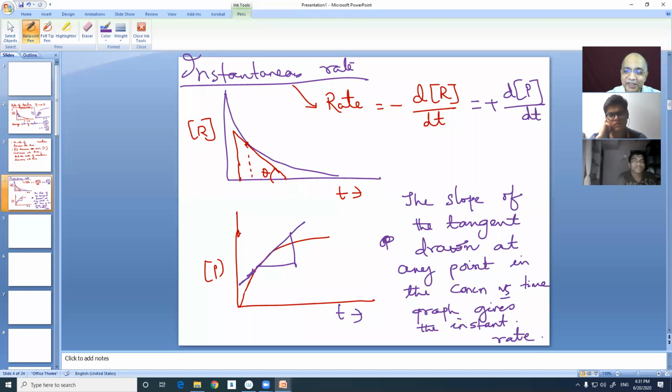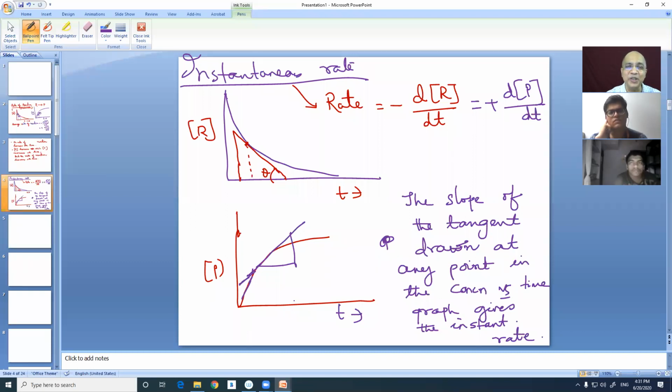Here the magnitude of the slope goes on decreasing, isn't it? Because the slope is the instantaneous rate, and progressively with time the slope decreases, the numerical value decreases. Therefore, rate decreases, whether or not you are monitoring the reactant.